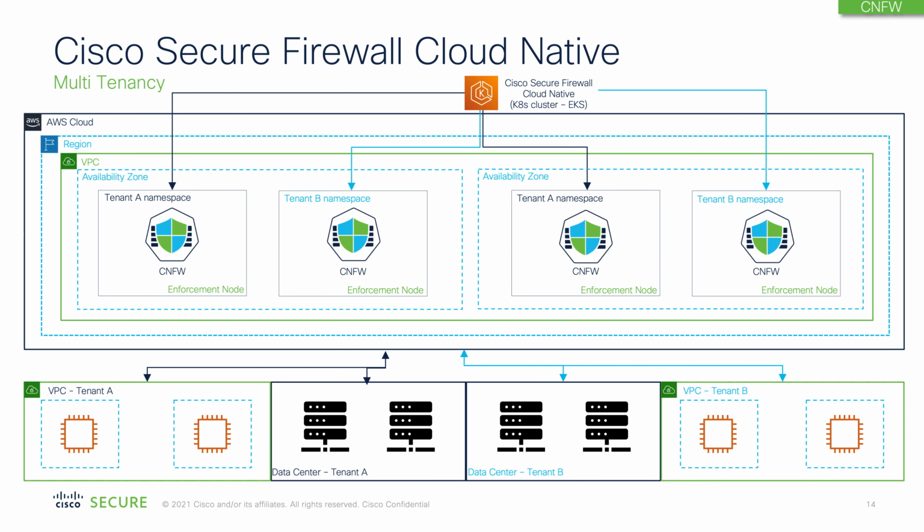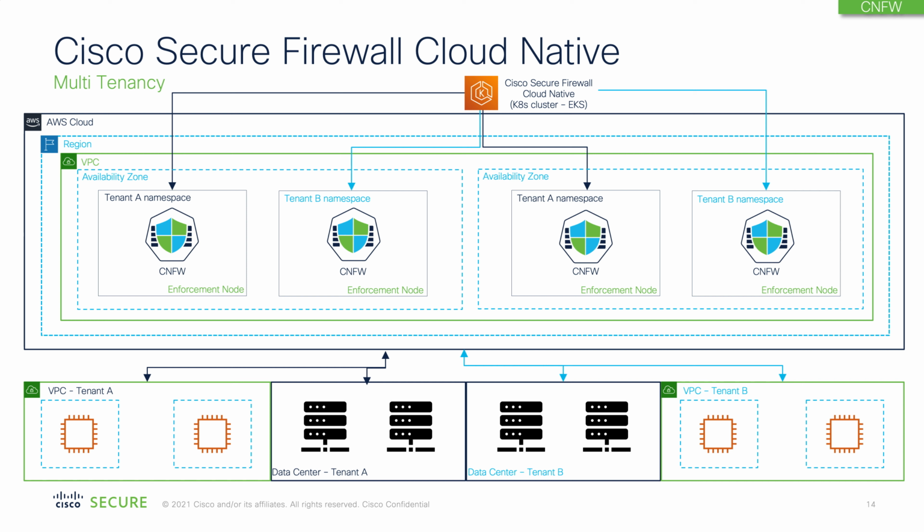Now, another big ask from customers is multi-tenancy. Is your architecture multi-tenancy aware? Yes, the answer to that question is yes. Cisco Secure Firewall Cloud Native supports multi-tenancy using cloud native constructs like namespaces.